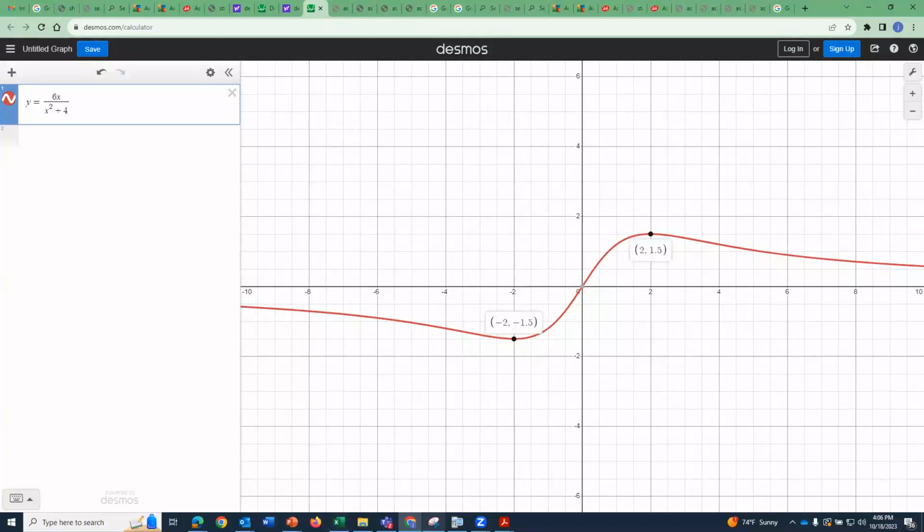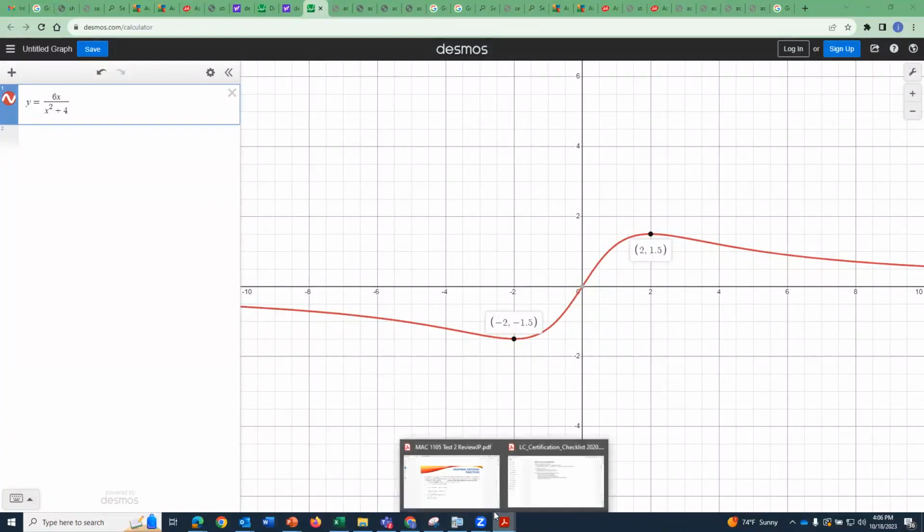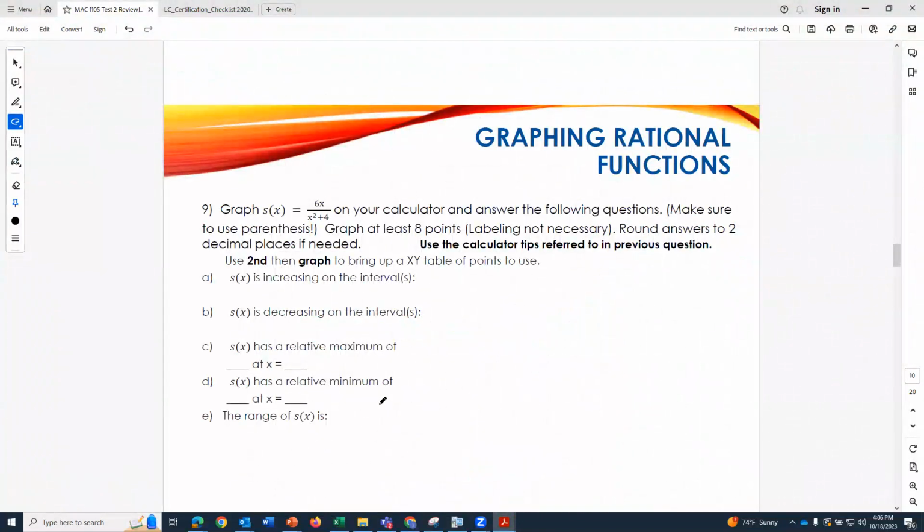That means you have two intervals. Increasing will be from -2 to 2, and decreasing should be from -infinity to -2 union 2 to infinity.